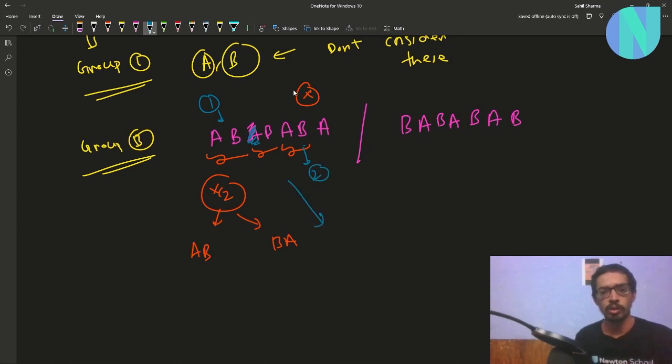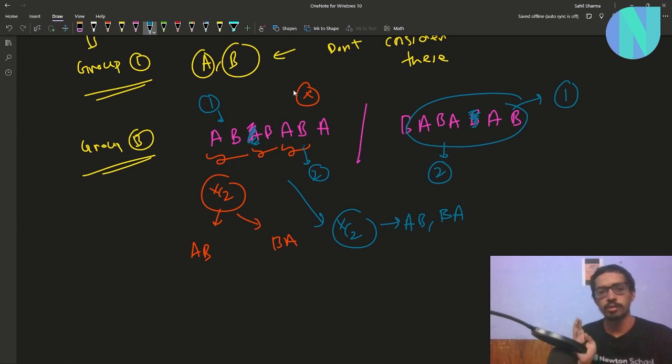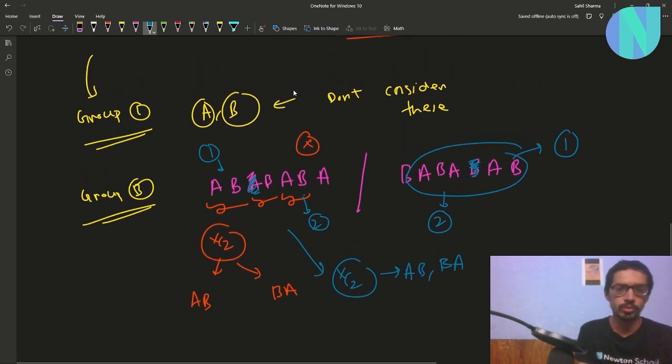In total it will contribute x by 2 to my AB and my BA. Similarly, in the second part I can move this B and it will give me 2 BAs, and this part will give me 1 AB. So if the length of my odd group is x, then I will get x by 2 ABs or BAs from it. That will be my second group.